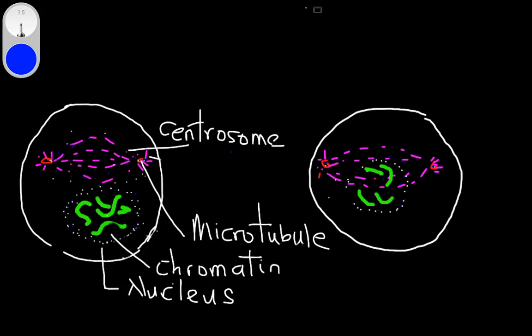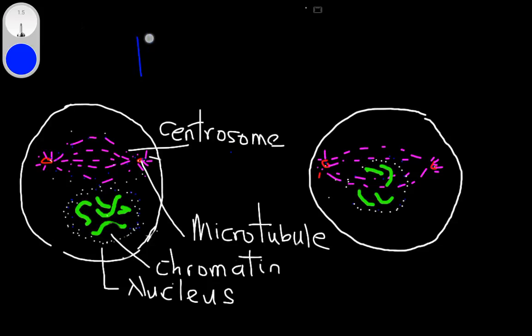The centrosome is actually a collection of proteins that are formed within the cell, and these red dots here are the microtubules. Then we have the chromatin inside the nucleus, and the nucleus is surrounded by these white dots. So what happens in this phase?